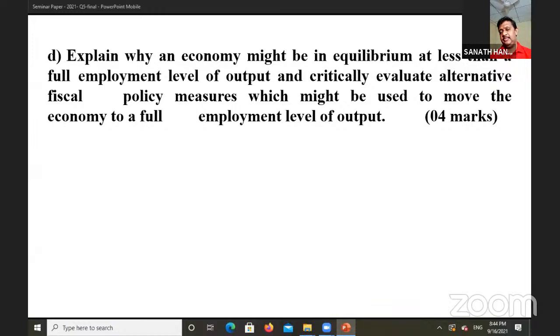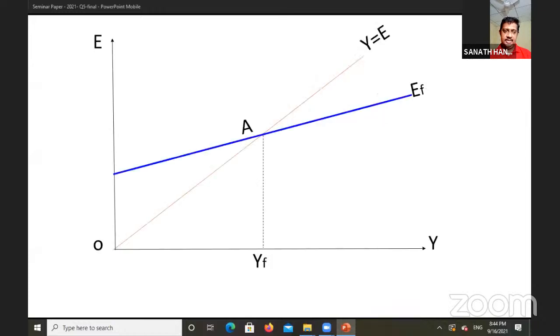The key point is that equilibrium can happen with unemployment. For this question you definitely need the diagram. Assume this is the full employment level.